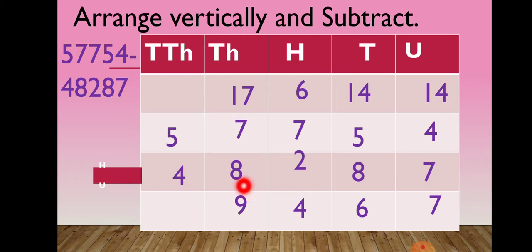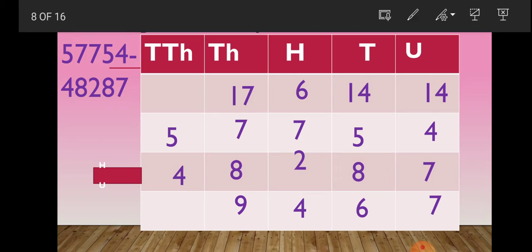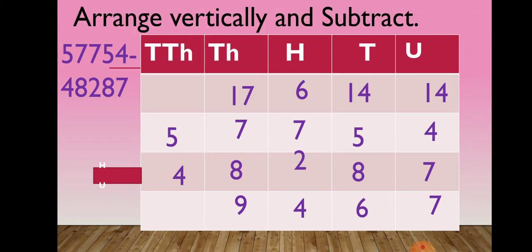Then last one, when you gave 10,000, here remain 14,000. Now subtract 14,000 from 14,000. Remainder 0.